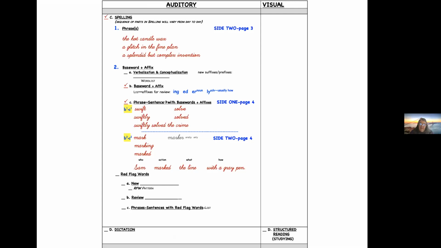And then I might say who? Sam. What did Sam do? The action, marked. And when I dictate the sentence, I'm going to put those two together. Sam marked, repeat, Sam marked. They're still not writing it yet. And then what did he mark? The line. How? With a gray pen.